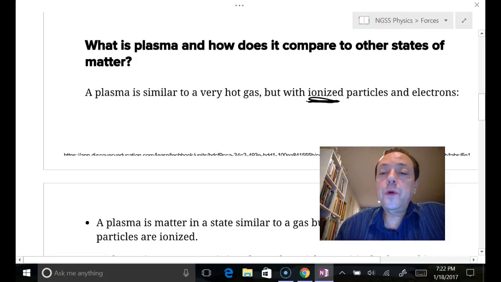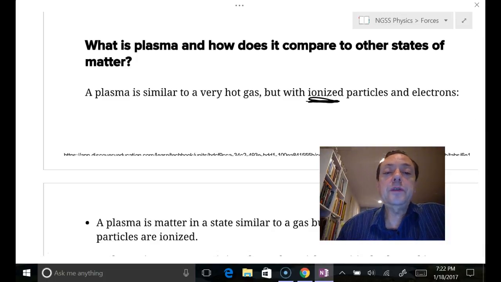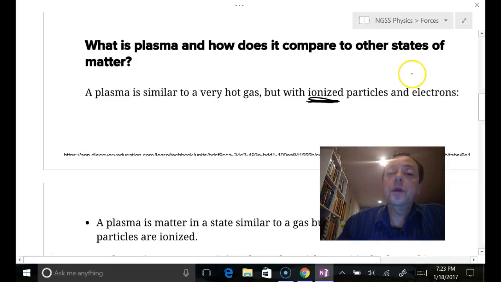And the way it gets the charge is that the gas becomes so energetic that a lot of the electrons that orbit the nucleus of the gas are too highly energized to stay in orbit, and they leave the orbit of the atom, leaving the atom with a positive charge.